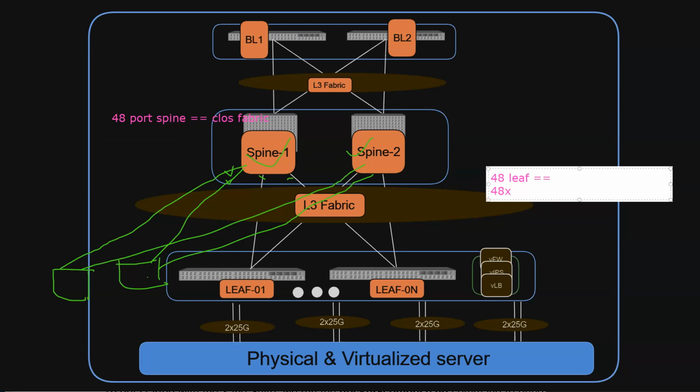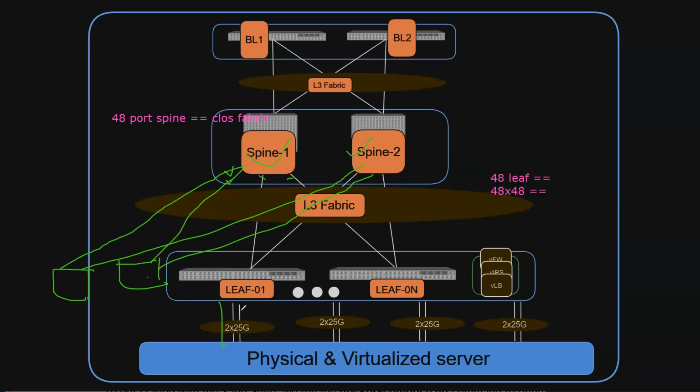Means 48 into 48. How many connections may you have with these servers? Suppose one leaf has 48 ports, and if you have 48 leaves, this will be the upper limit, right?